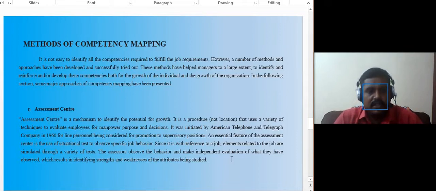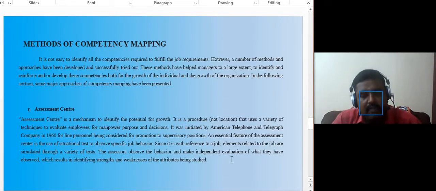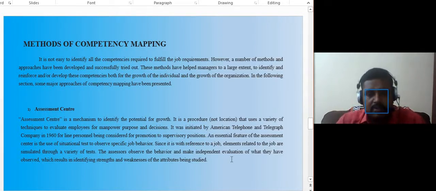In the following section, some major approaches of competency mapping have been presented. The first one is called Assessment Center. Assessment Center is a mechanism to identify the potential for growth, and it is a procedure, not a location, that uses a variety of techniques to evaluate the employees for manpower purposes and decisions.